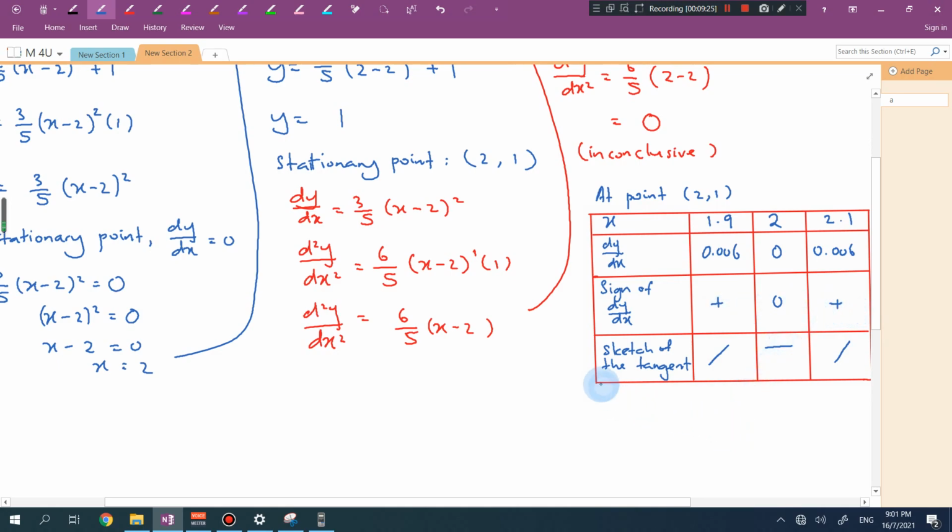If you want to add one more column, the sketch of the graph will be like this. So from here we know that this is not a maximum point, not a minimum point, but a point of inflexion. 2, 1 is an inflexion point.